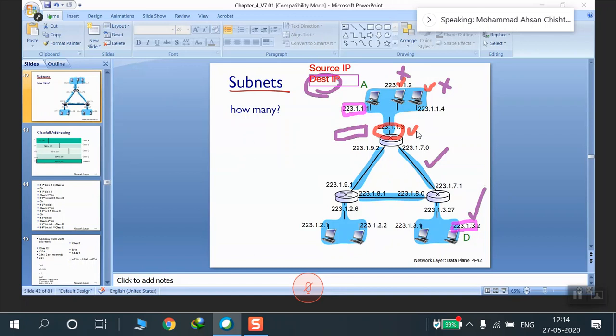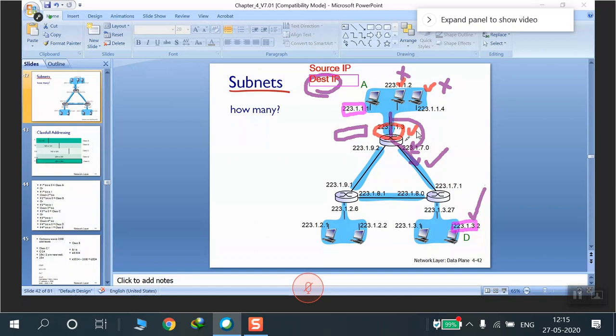So it would forward the packet from this link, the incoming link, to this link, the outgoing link. So this is the incoming interface and this is the outgoing interface. The router here would do routing as well as forwarding of the packet. Routing would be end to end from A to D, and forwarding would be from the incoming link to the outgoing link.